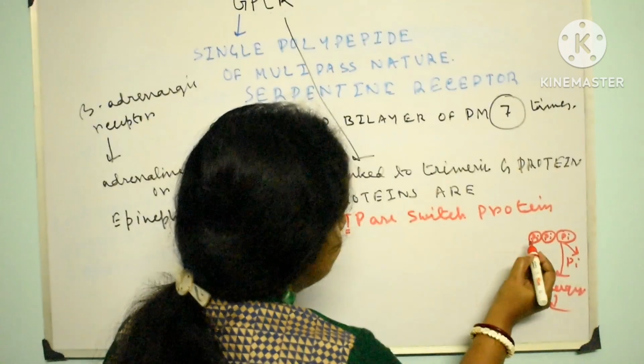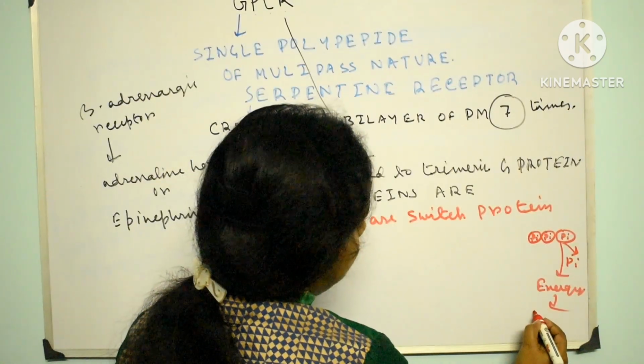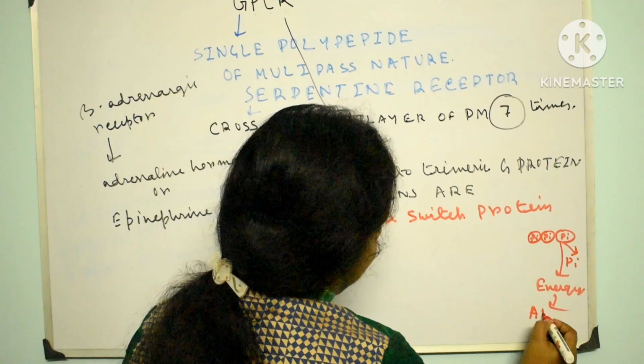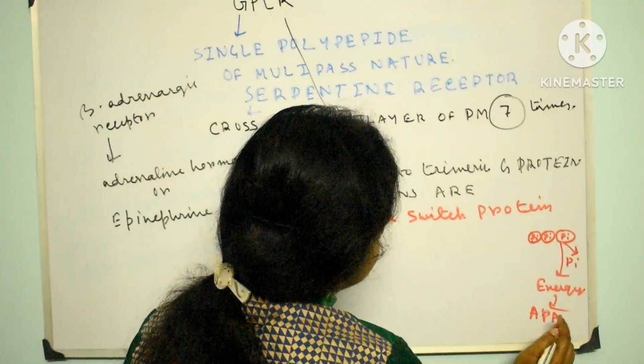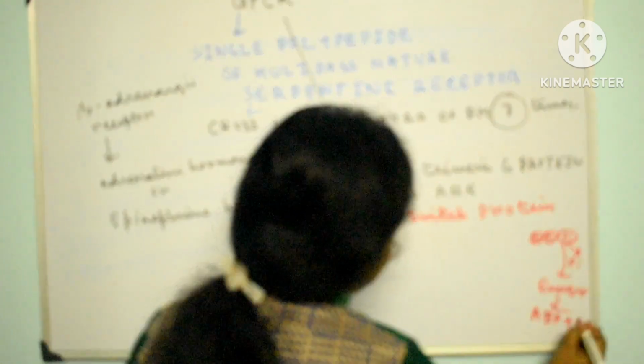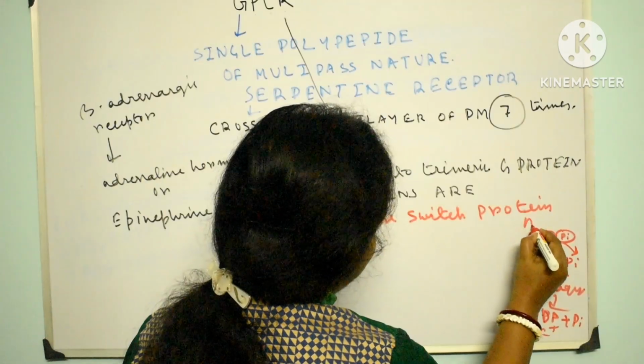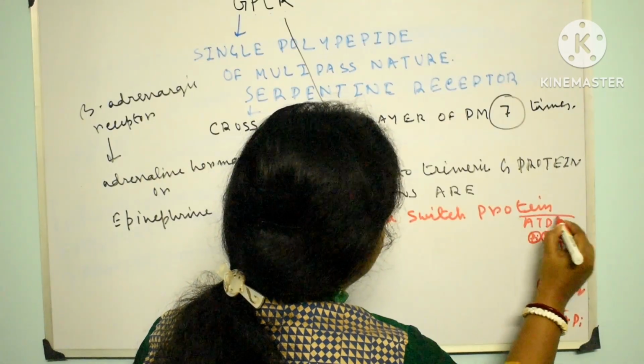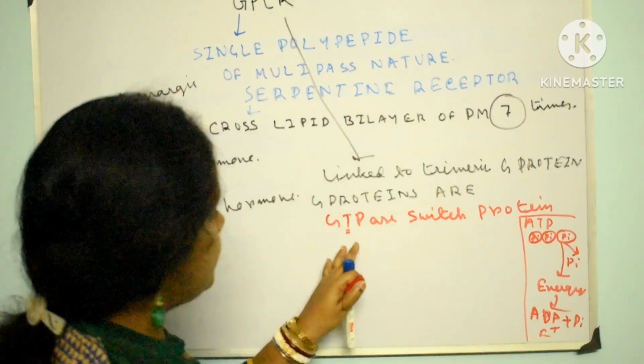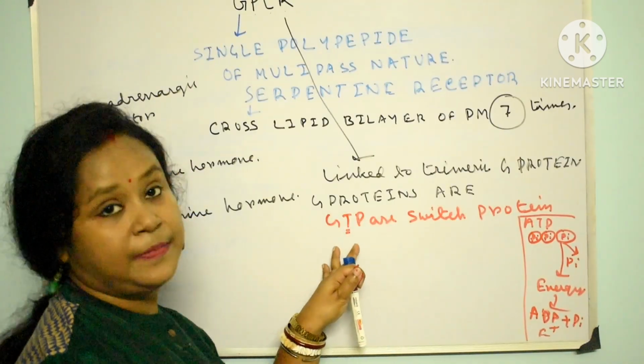This triphosphate now changes into ADP plus Pi with release of energy. In the case of ATP, we know this. The same thing occurs in the case of GTP also.